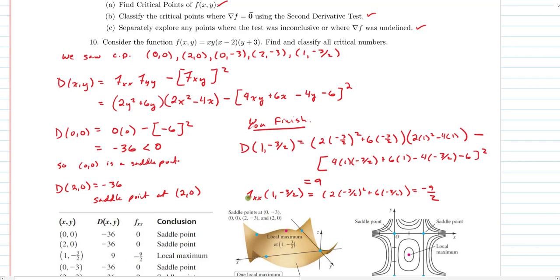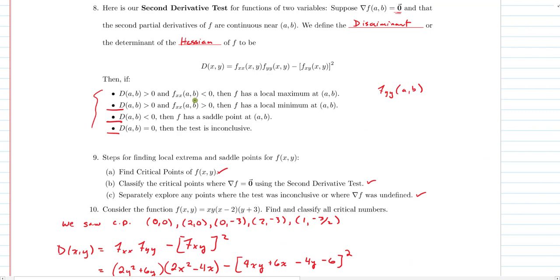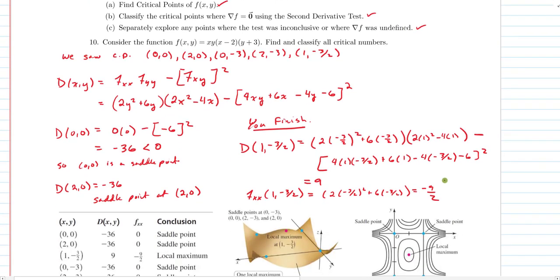And so since the discriminant was positive and the second partial with respect to x both times was negative, then we go ahead and classify that critical point as a local maximum. So the ordered pair (1, negative 3 halves) is a local max.